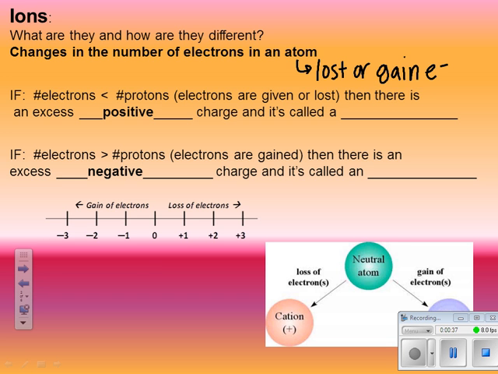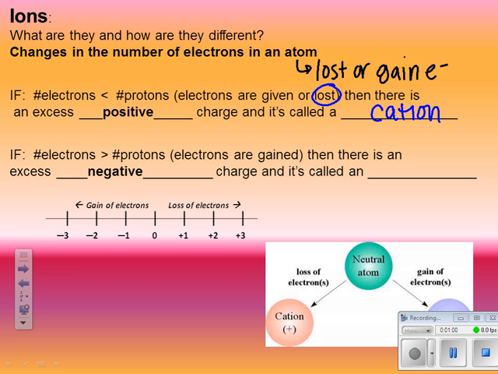All right? So if the number of electrons is less than the number of protons, in other words, electrons are lost, making the amount of protons greater, then there is an excess positive charge. Makes sense. More protons, more positive. If this is the case, it's known as a cation.